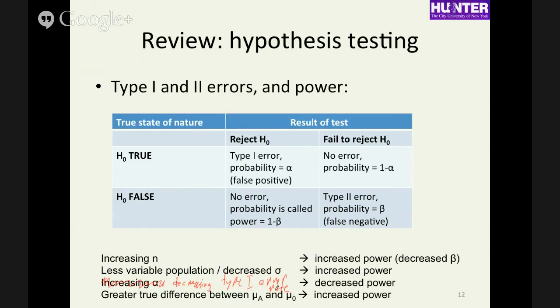Thumbs up or down? Yeah, I see one thumb. You're right. Any other thumbs? So we've lowered alpha from 0.05 to 0.01. Keeping all other things equal, when we make alpha 0.01, is the power going to be higher or lower?